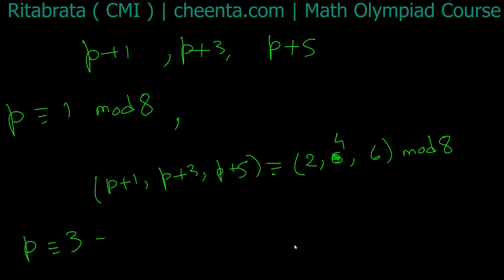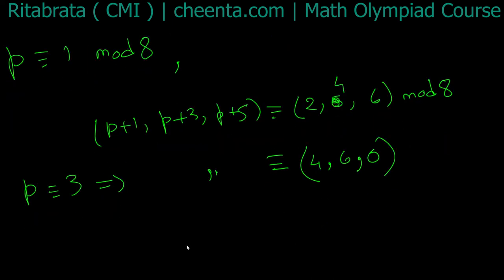P congruent to 3 implies this is congruent to 3 plus 1 is 4, 3 plus 3 is 6, 3 plus 5 is 8. So if p is congruent to 3 modulo 8, then p plus 5 is divisible by 8. P congruent to 5 implies 5 plus 1 is 6, 5 plus 3 is 8 and 5 plus 5 is 10, and 10 is congruent to 2.